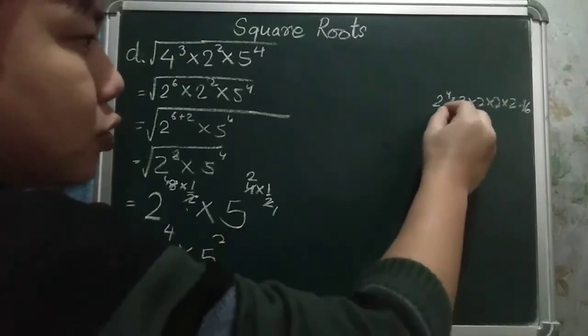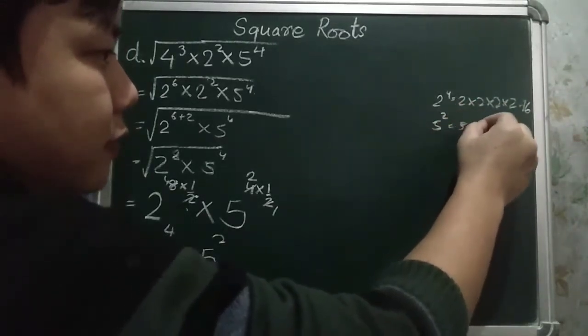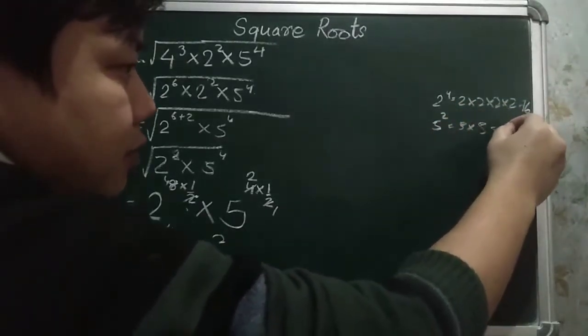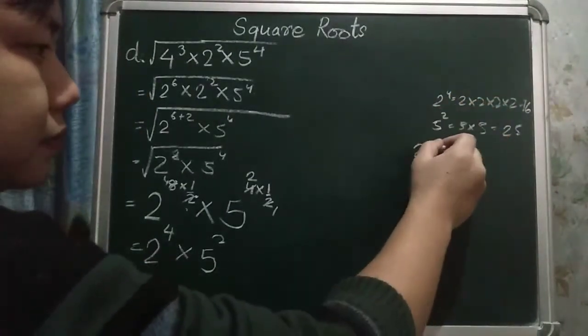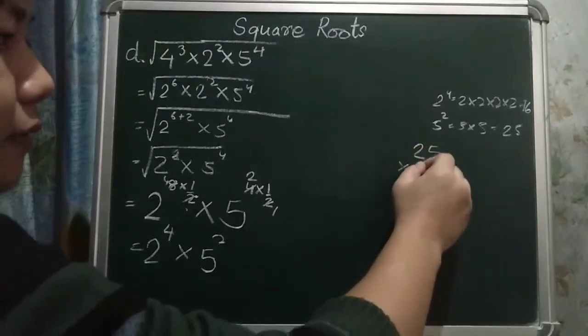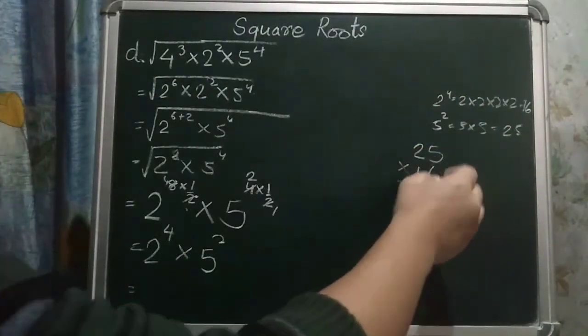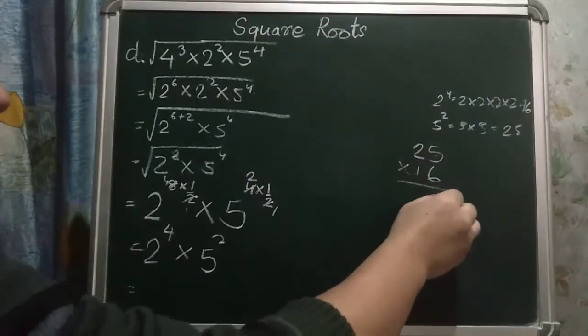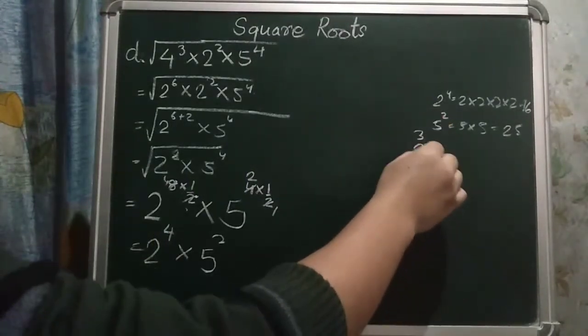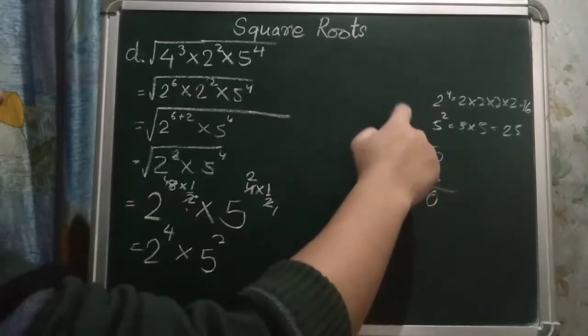Okay, 5 to the power 2 means 5 into 5, which is 25. Okay, so as we multiply 25 into 16, how much does the answer become? 6 fives are 30, 0 remaining, carry 3, 2 sixes are 12, 13, 14, 15.